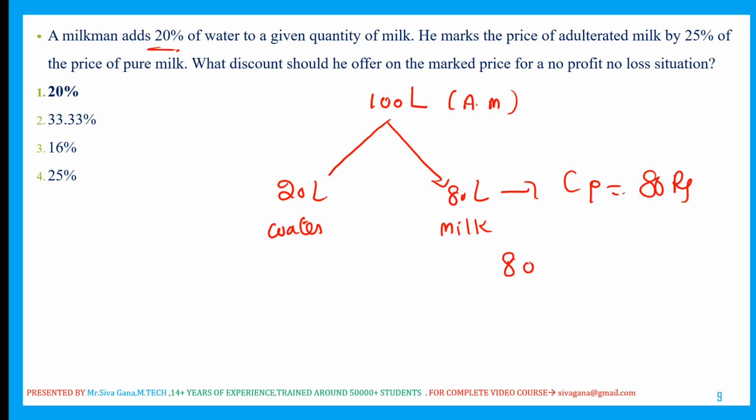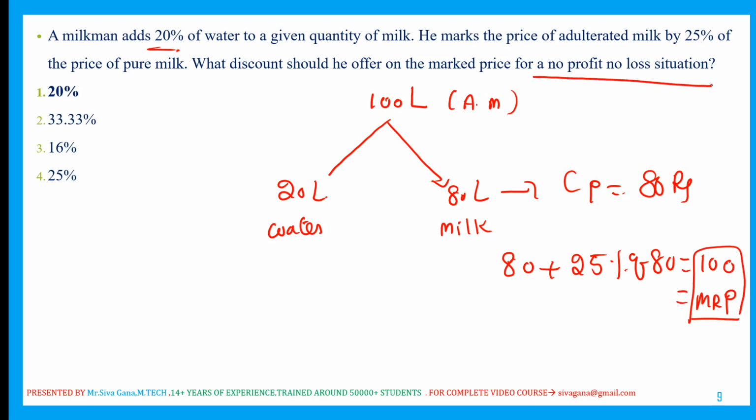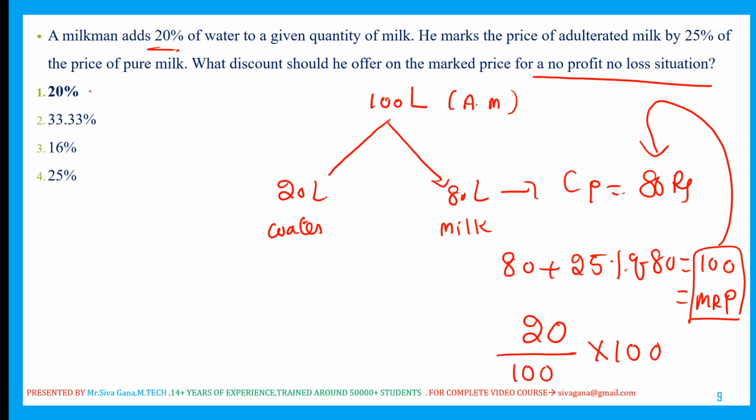He marked 25% above. 80 plus 25% of 80, which is nothing but 100. He marked 100. He wants no loss, no profit, which means this marked 100, he has to sell it for 80, which means giving a discount of 20 on the marked price of 100. The percentage of discount is 20.